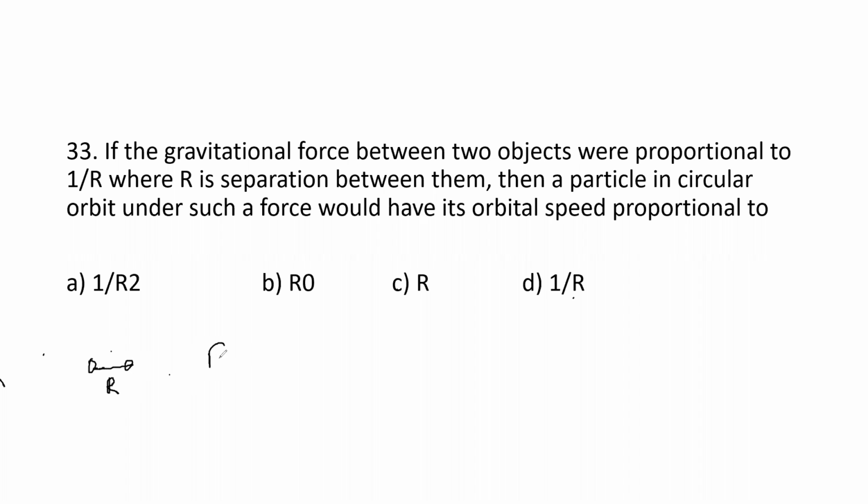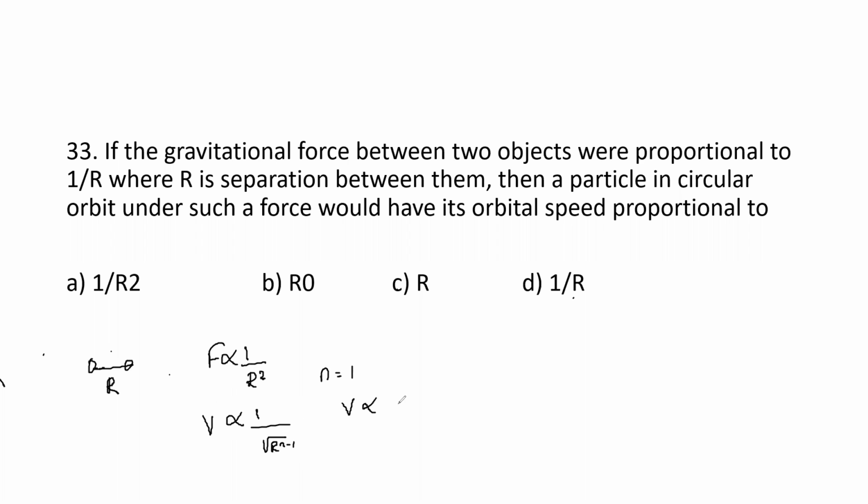According to the universal law of gravitation, we can write F is inversely proportional to r square, and V is proportional to 1 divided by root of r^(n-1). Here n is equal to 1.